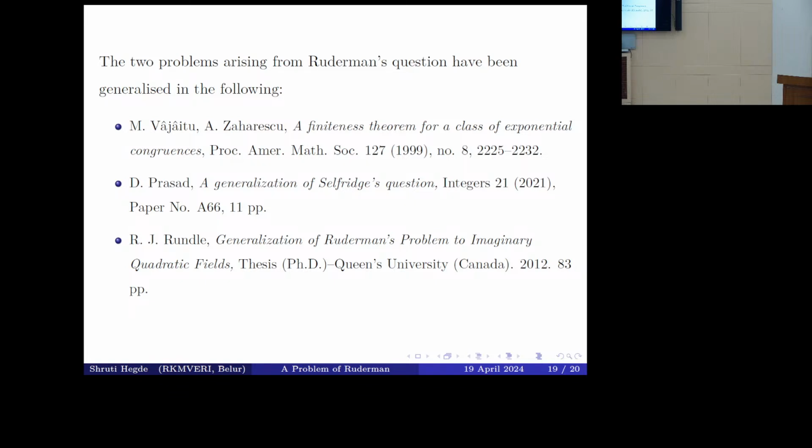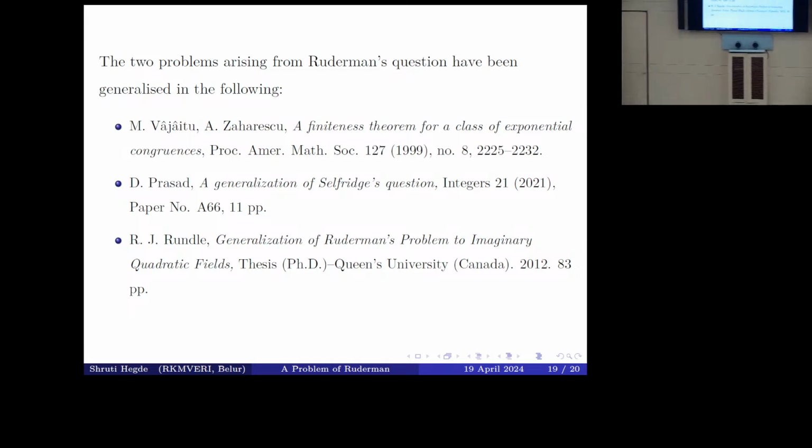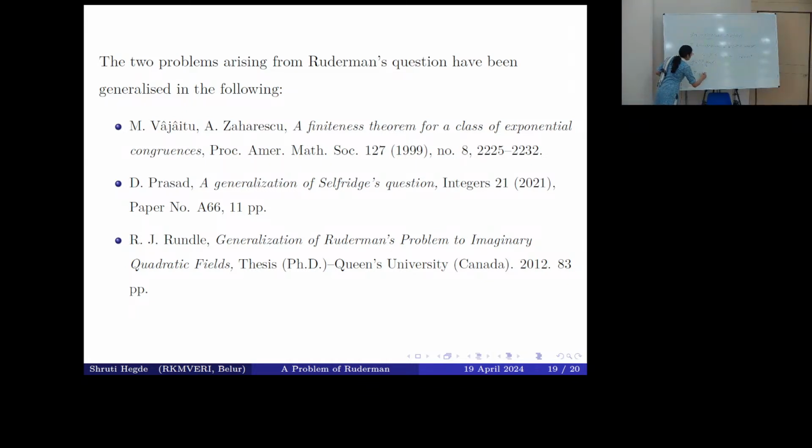What I mean to say is, suppose a1 up to ak and b are some integers in some number field, then this can happen only for finitely many k tuples, right?